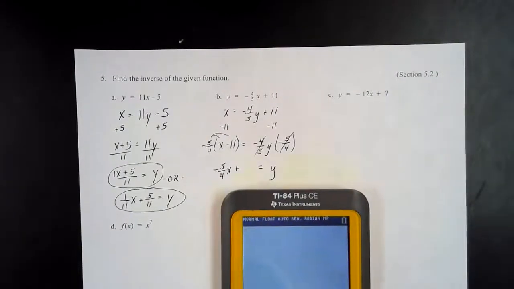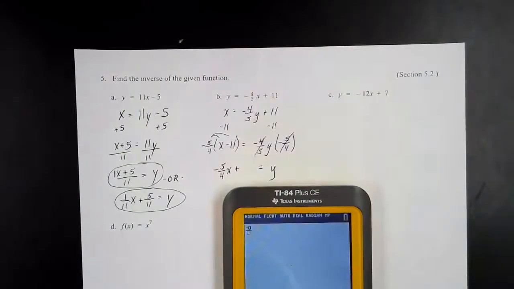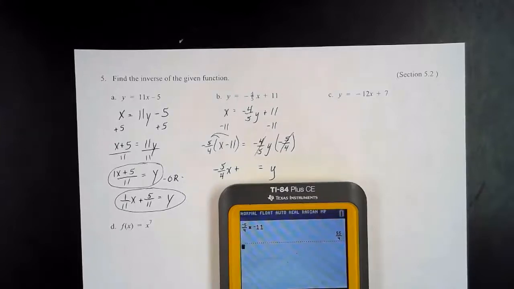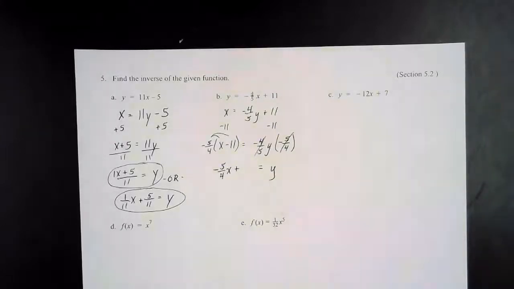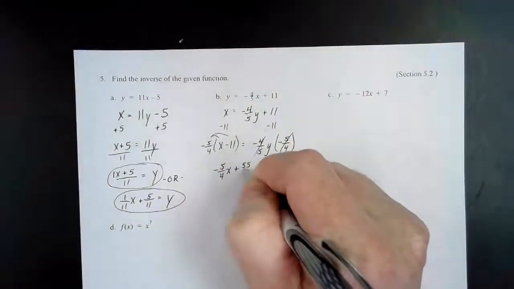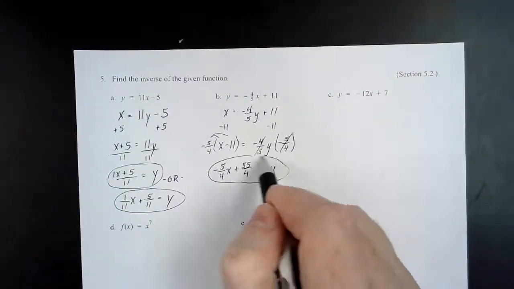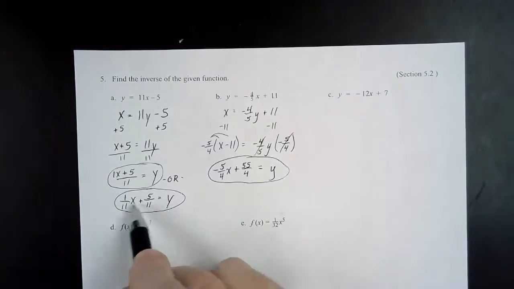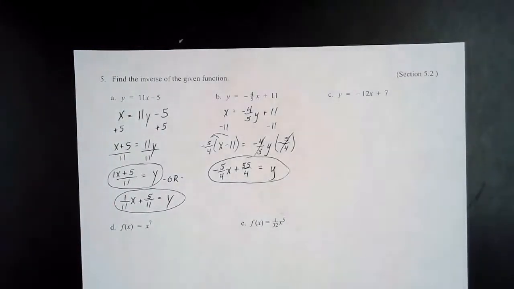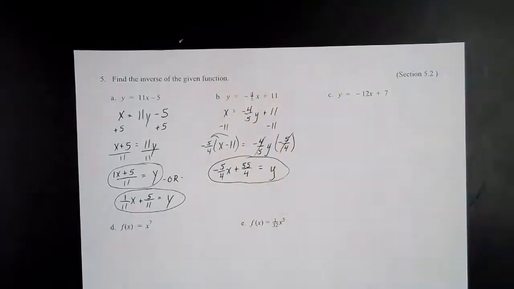So we have a fraction of negative 5/4 times negative 11. And we get 55/4. And there you go. This one is more in line with this one right here where you have the fractions split. Most likely the way you would see it on the test.